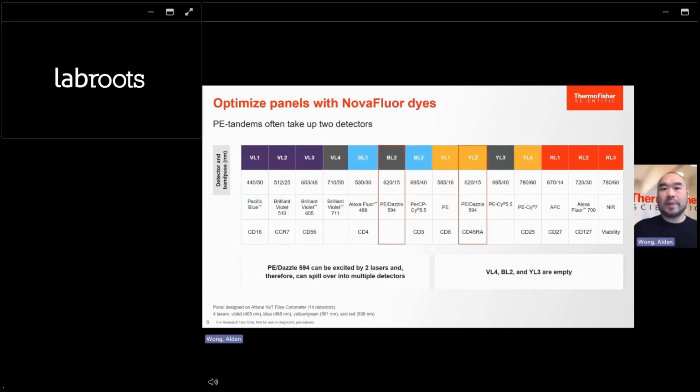So you can optimize panels with NovaFluor dyes. PE tandems often take up 2 detectors. In this case, PE Dazzle 594 can be excited by both the blue and yellow lasers. Therefore, it can spill into multiple detectors.